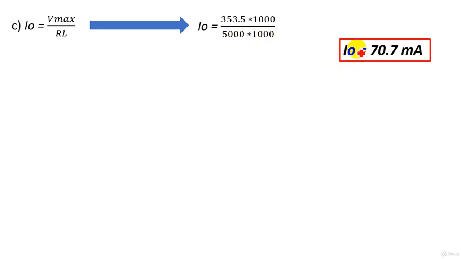So the nominal current which flows in the insulator, or the test object, is 70.7 milliampere, and this value is absolutely expected. This is a small value in the range of milliampere because we have an insulator and the current that passes in the insulator is very small.